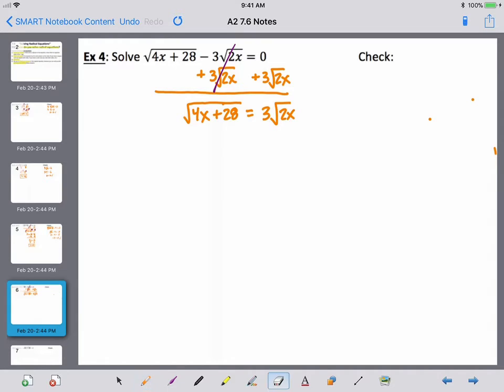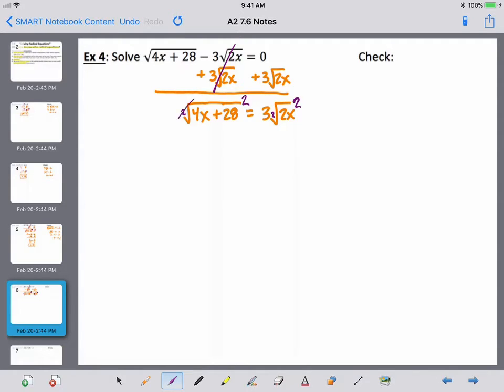All right, so now we've got the root on one side, on both sides. And remember, these are actually square roots. If you don't see an index, we assume it's a 2. So to get rid of a square root, we go ahead and square both sides.